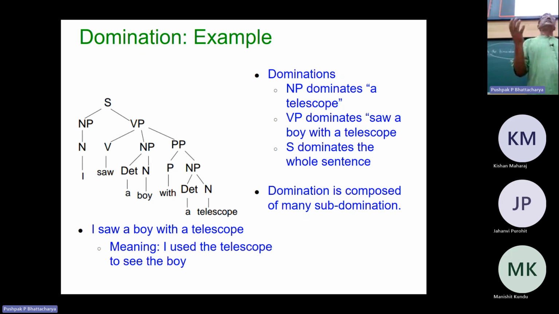So the phenomenon is domination, that is language science. Modeling of domination through probability is the data science. Okay, now let's see how domination gets modeled through the instrument of probability.